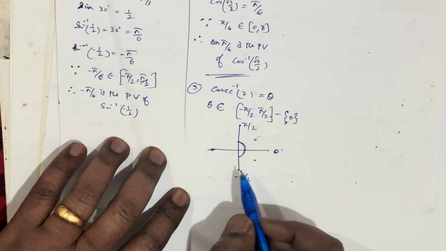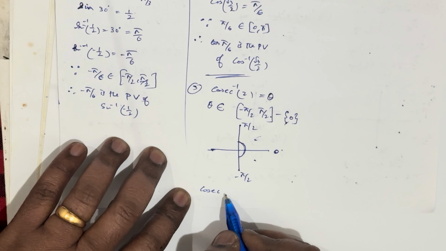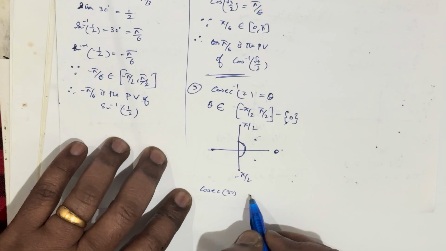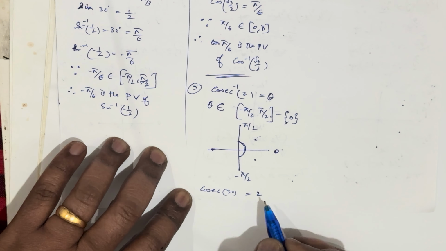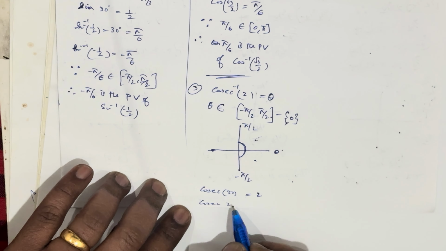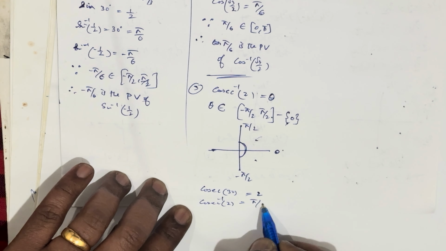You know that cosecant 30 degree is equal to 2. Okay, so cosecant inverse 2 will be 30 degrees, that is pi by 6 again.